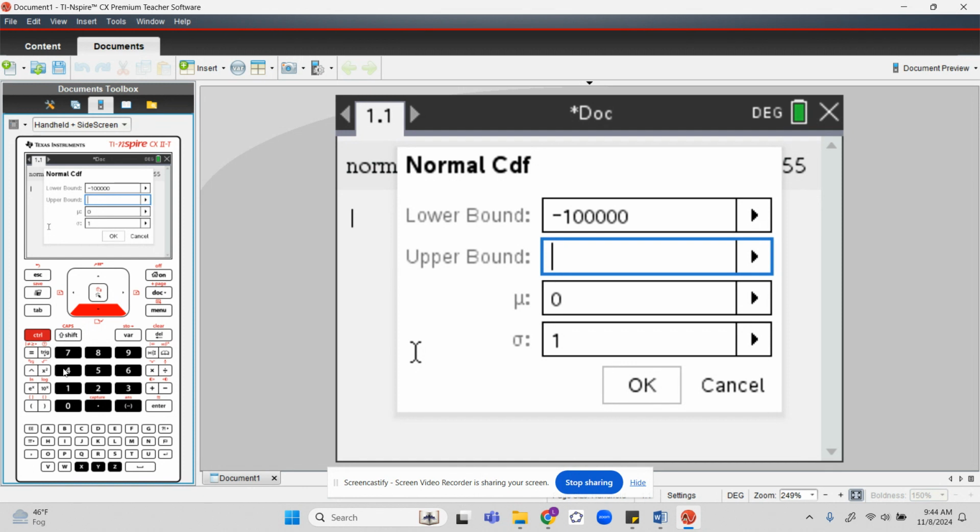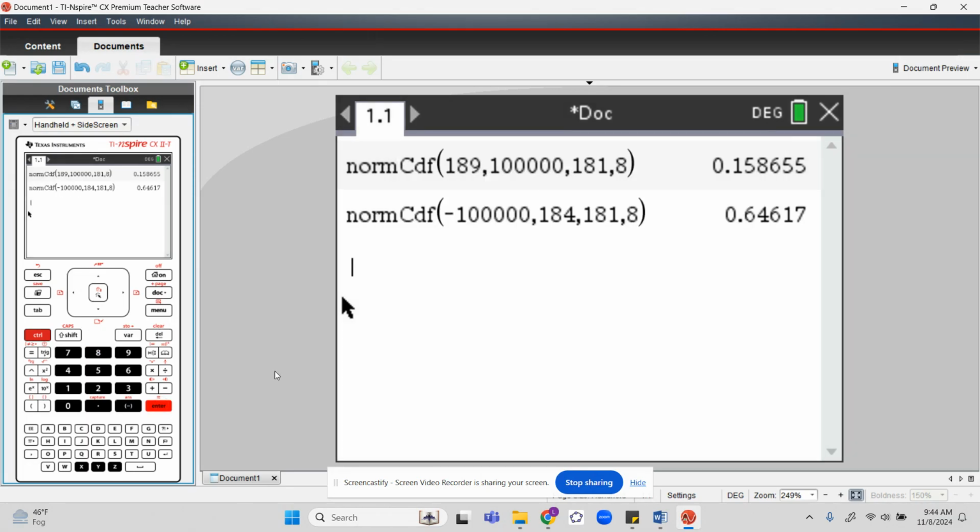Honestly, if you went to 0, you would get the same answer. But just to be safe, with normal distributions you can always make your lower bound really, really small, like negative 1,000,000 or negative 100,000. And then we wanted up to 184. We know the mean is still 181, and the standard deviation is 8. Enter, 0.646.